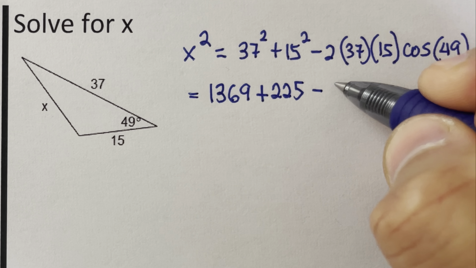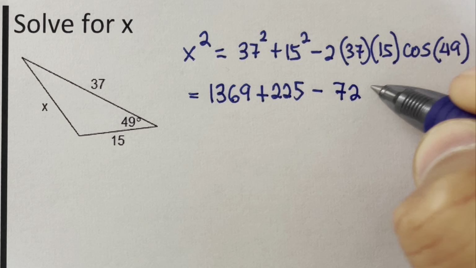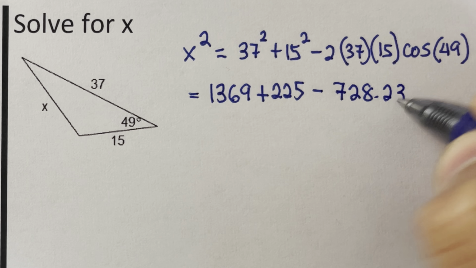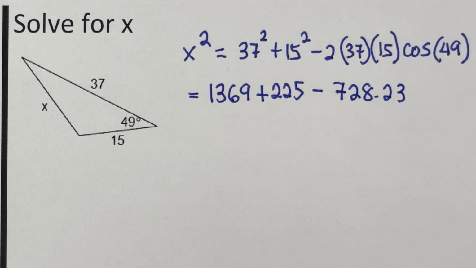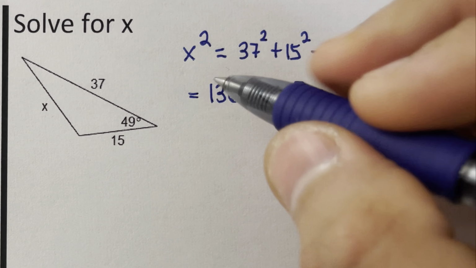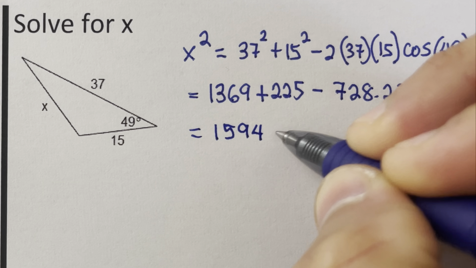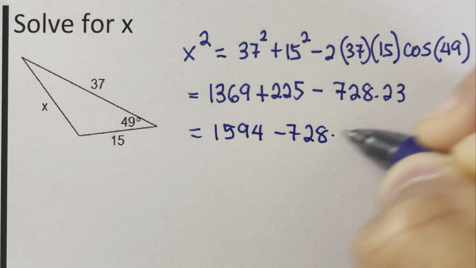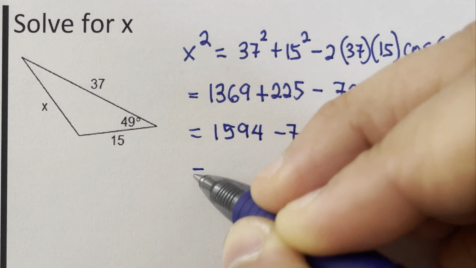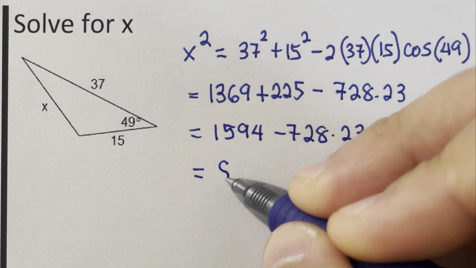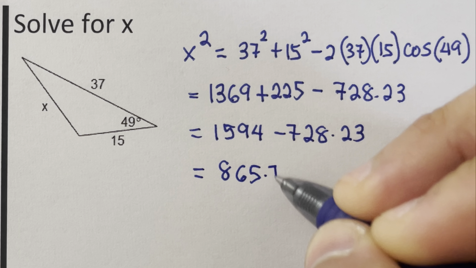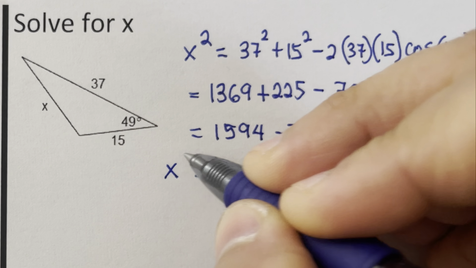That would give us 728.23. And so we are going to add these two together. So this would come out 1,594 minus 728.23. This will give us 865.77. Again, this is x squared.